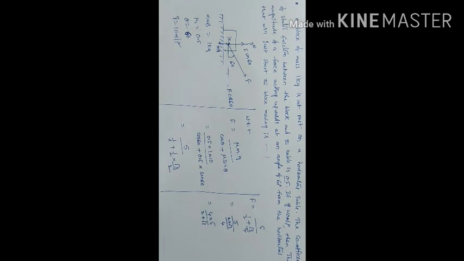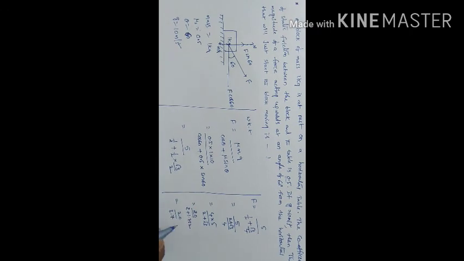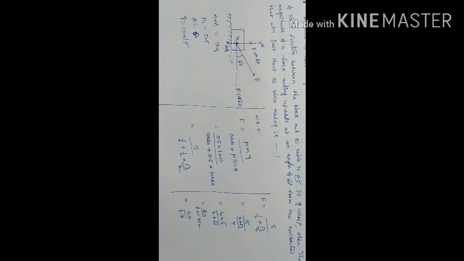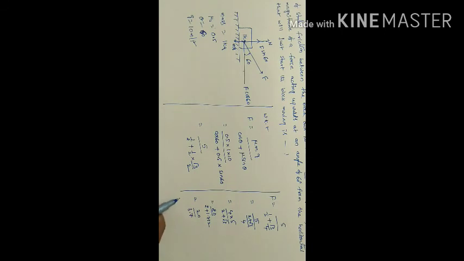Okay, that means 20 by 2 plus 1.732, that is equal to 20 by 3.7 approximately. So this value is approximately F equals 5.4 Newton.